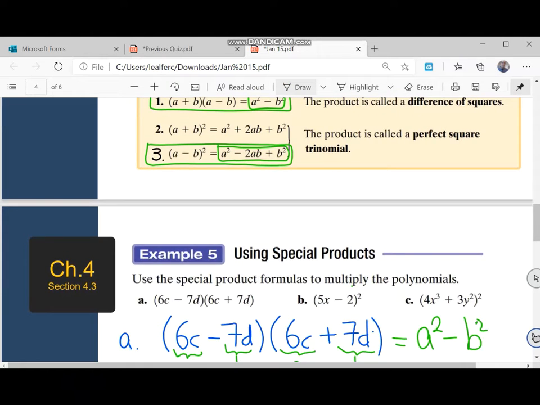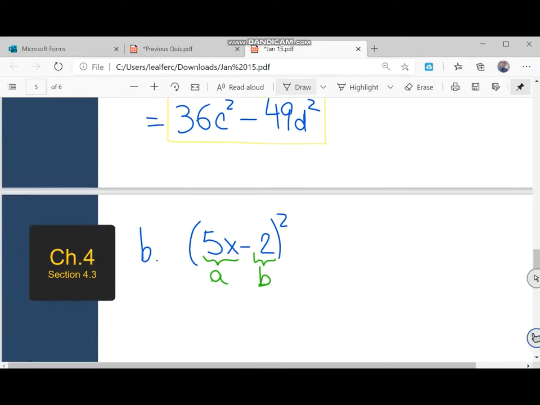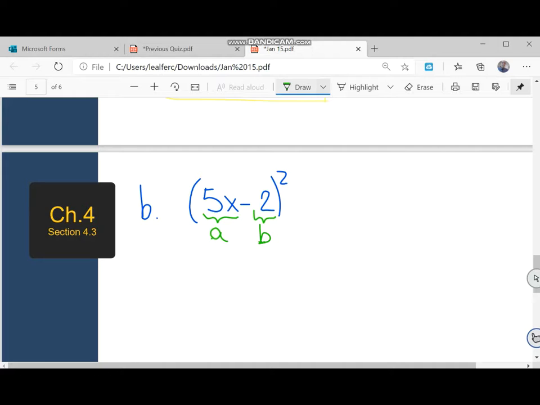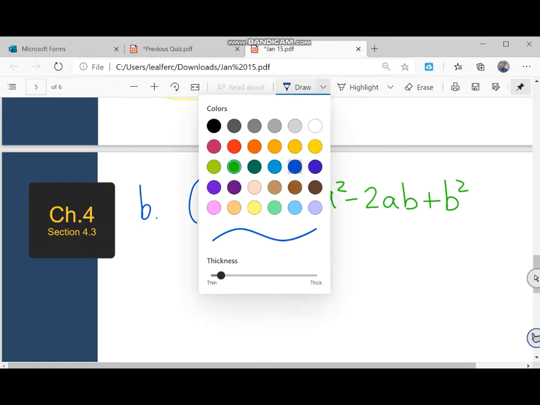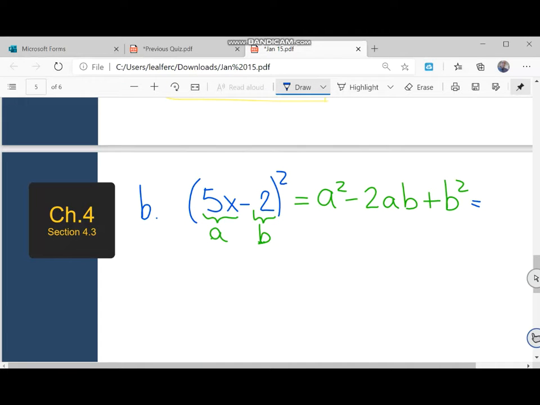So back to the example, write down here the formula. A squared minus 2ab plus b squared. This is the answer. We just need to plug in the terms, the real values of a and b. And let's do it now.